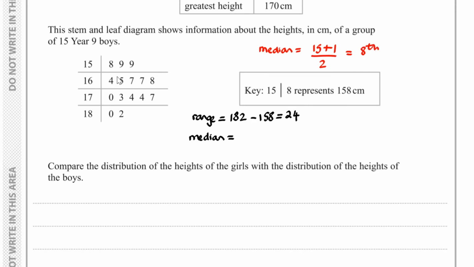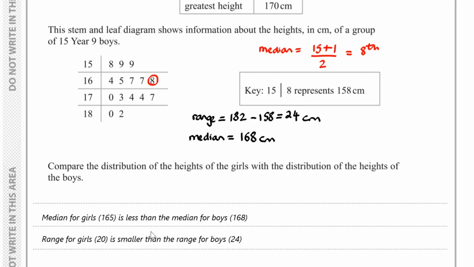So we've got 1, 2, 3, 4, 5, 6, 7, 8. So this value circled is 168. That's our median. So when we compare the distributions, the median for the girls, which is 165, is less than the median for the boys, and the range for the girls, which is 20, is smaller than the range for the boys, which is 24.